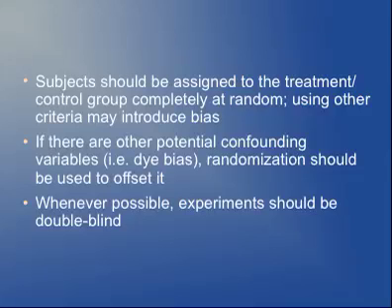And if there are other potential confounding variables, like the diet bias example that I talked about, you should use randomization to offset that. This is another thing that I'll discuss in more detail in a future lecture. And whenever possible, your experiments should be double-blind. Again, in the bench science world, more often than not they won't be, but whenever possible, double-blind is a good thing.